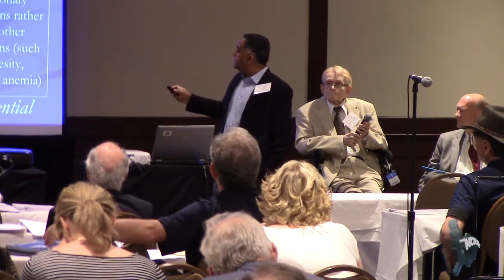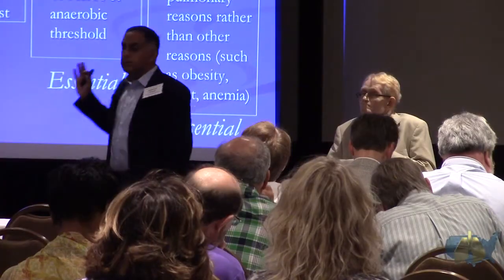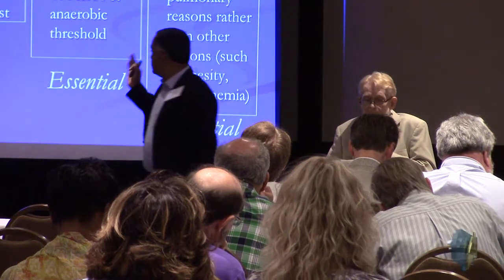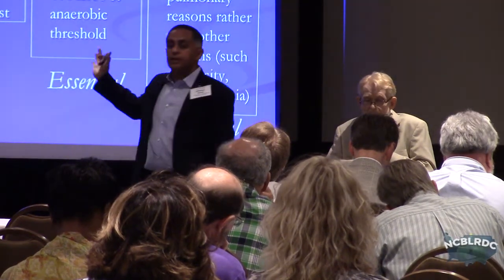And most importantly, if it's a maximal test, you can figure out that there is limitation from lung disease. Otherwise, you'll basically state that this is poor effort or neuromuscular disease as the cause of the test not being completed. Now, as I said, it's really essential for the second and the third indication.